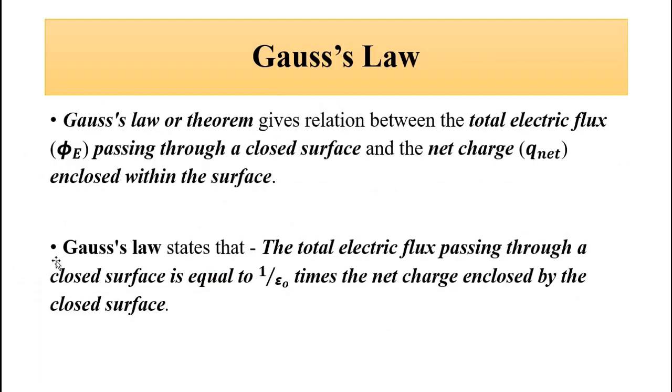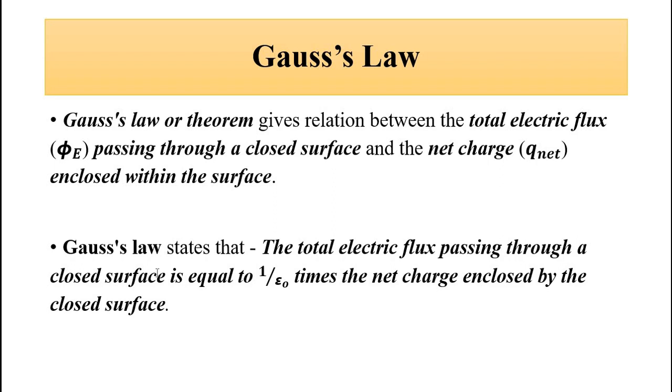What Gauss law states is that it gives the relationship between the electric flux, that is the number of electric field lines passing through a closed surface, and the net charge enclosed or contained by that surface.